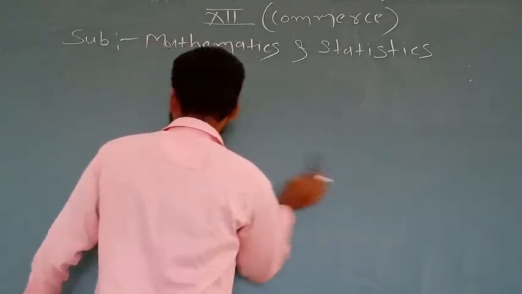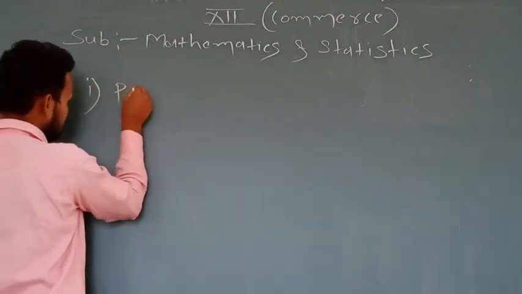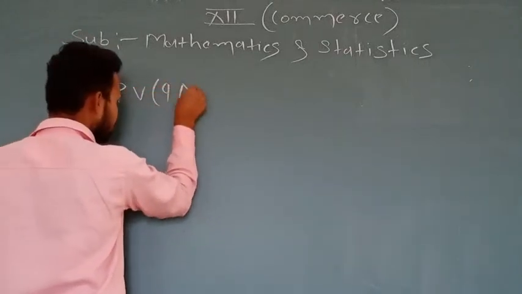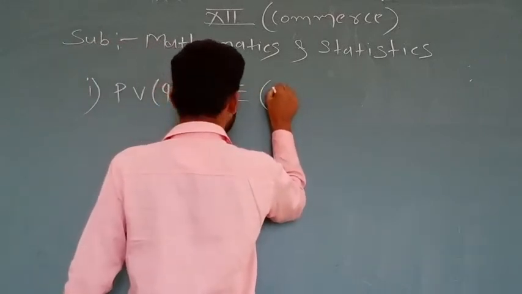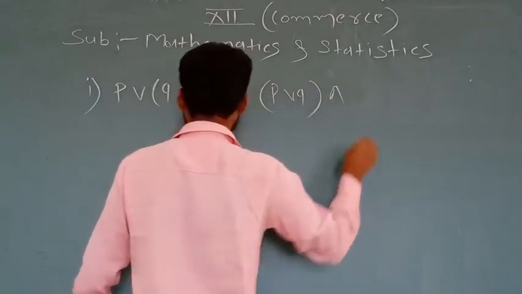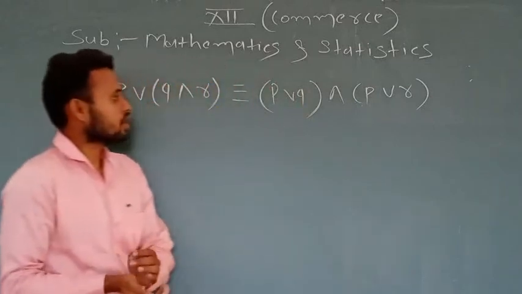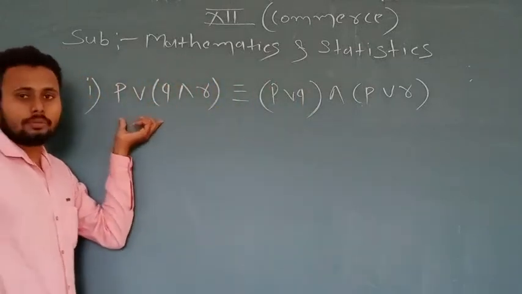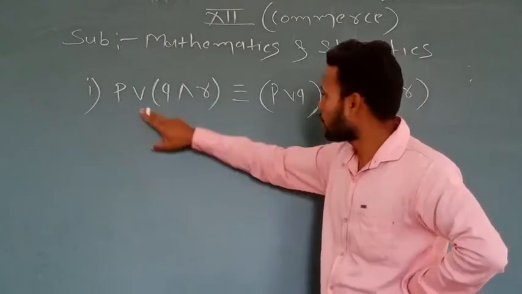Now we take an example: P ∨ (Q ∧ R), which is equivalent to (P ∨ Q) ∧ (P ∨ R). The question is: using a truth table, verify the following.